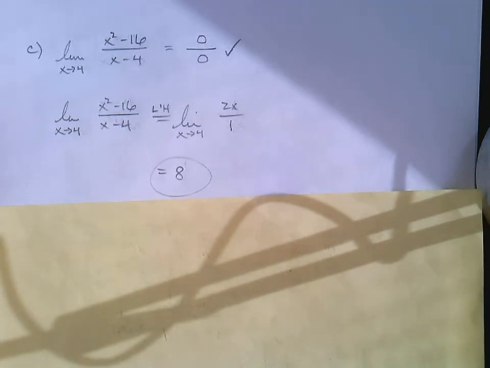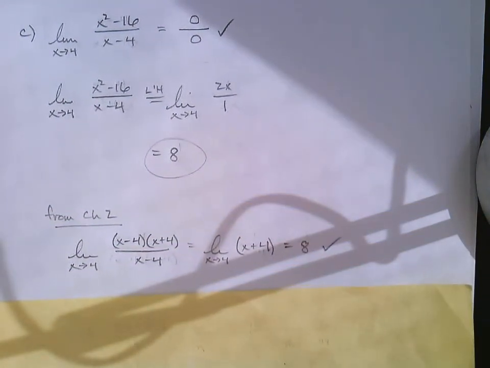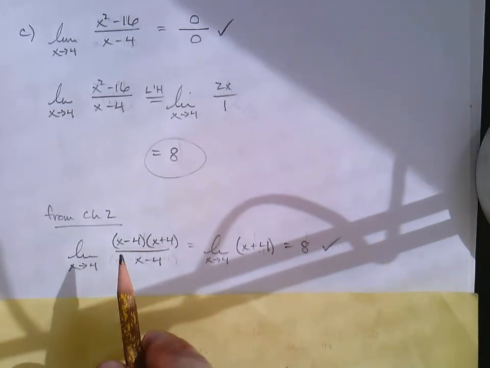What would the answer have been had we done it in the style that we did when we first started limits at the beginning of the course? Would we get the same answer? I hope so. Again, sorry for the shadows. I think you can still see what I'm doing here.